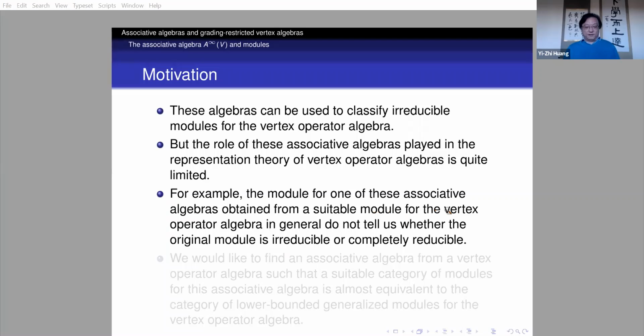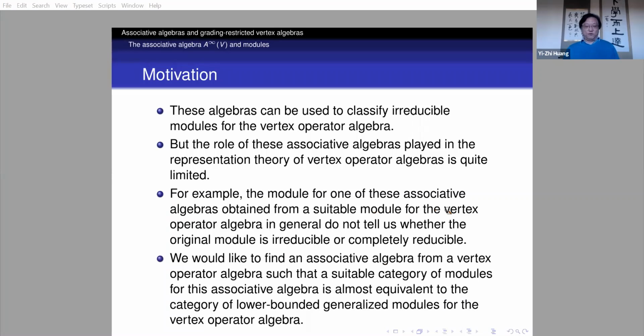Okay, so the goal is that we want to find an associative algebra just from a vertex algebra, such that a suitable category of modules for this associative algebra is, see, the main thing, originally my hope is that the category of suitable modules for this associative algebra is equivalent to the category of lower bounded generalized modules for the vertex algebra.